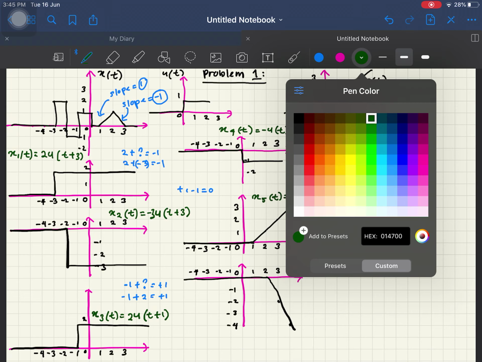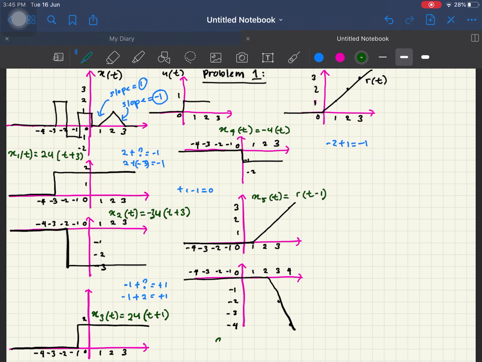So this x6 of t is equal to a ramp signal that is shifted to the right by 2 seconds, and the slope is -2.